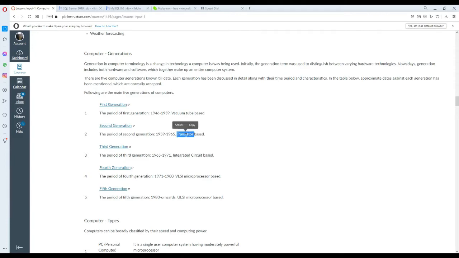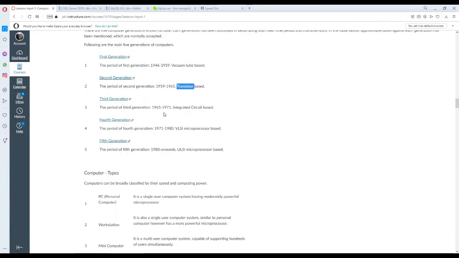Okay, those are the size of transistors. Then from 65 to 71, we have the ICs or integrated circuit. From 71 to 1980, we have the VLSI microprocessor. Then from 1980 onwards, we have the ULSI microprocessor. So these are small processors.